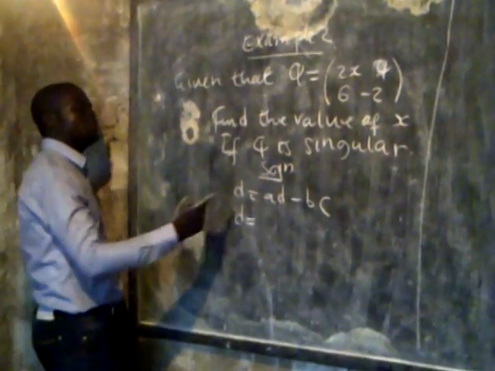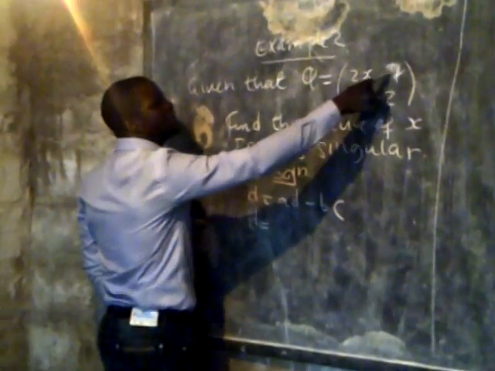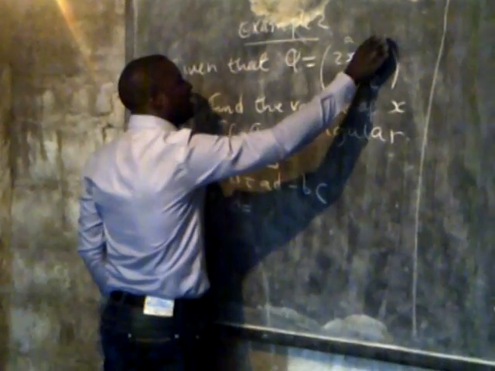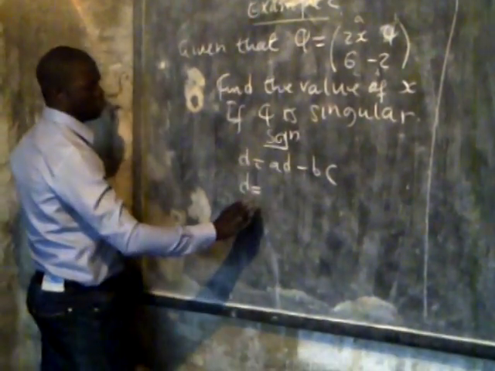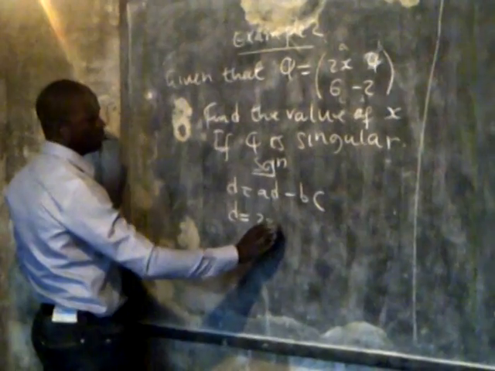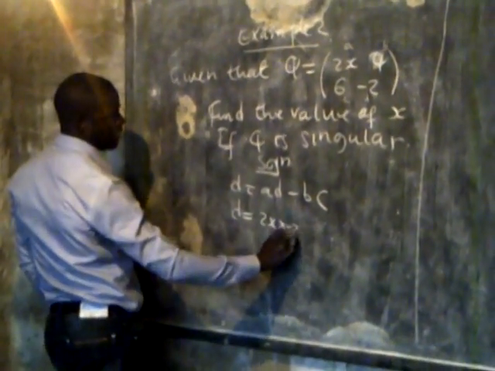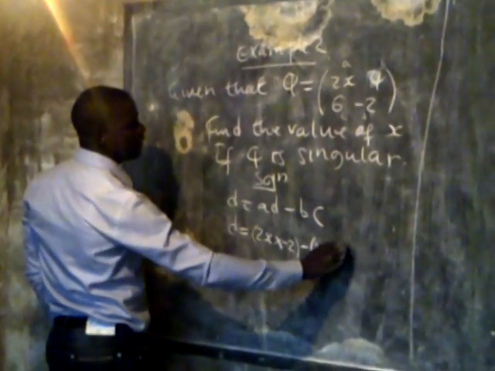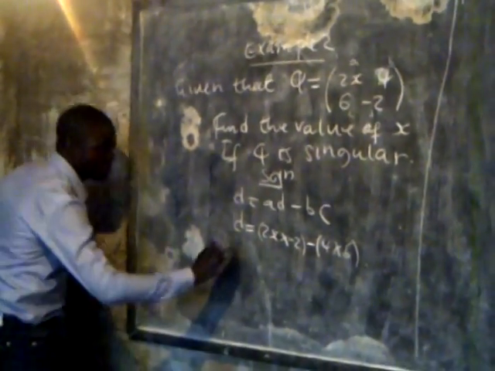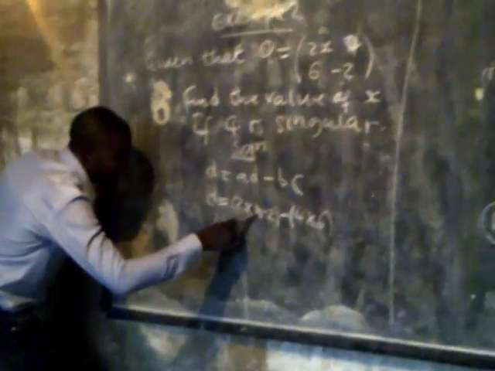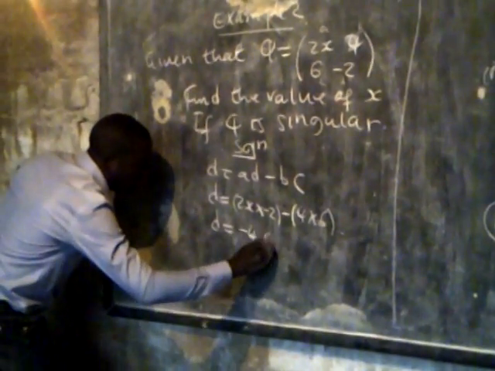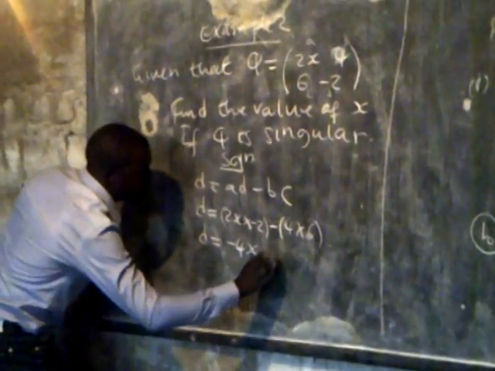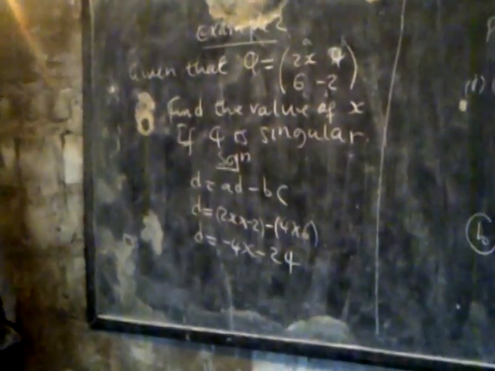Now, when you know these things, you know that this is A, this is B, this is C, this is D. But for the sake of not making a mistake, you say A, B, C, D. So your A is 2x, multiplied by your D, negative 2. Minus your B, 4. Your C, 6. So determinant equals 2x times negative 2, negative 4x. Minus, because positive times positive is positive, so I want to maintain the bracket.